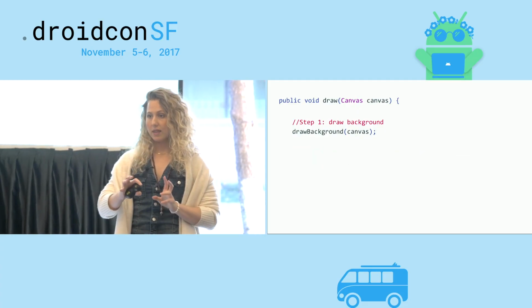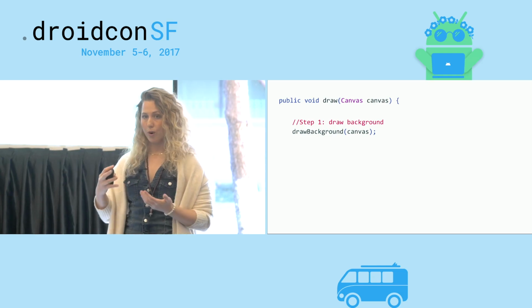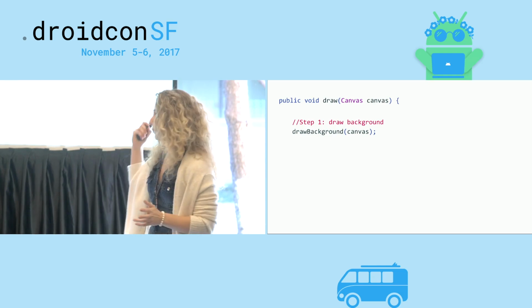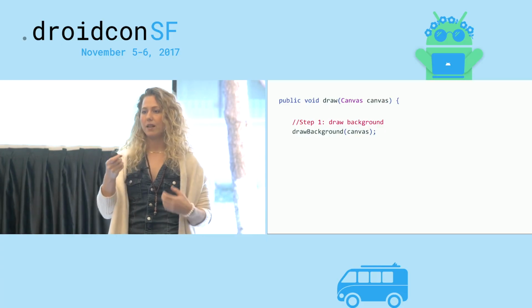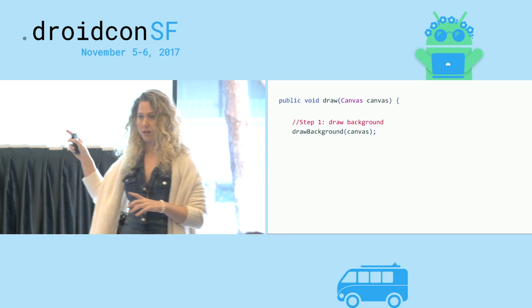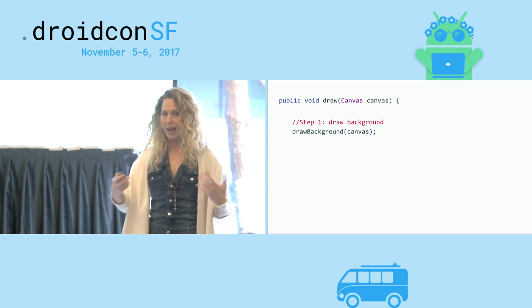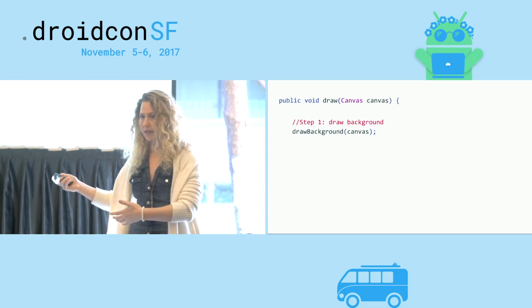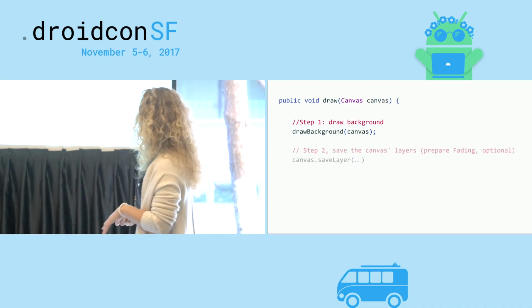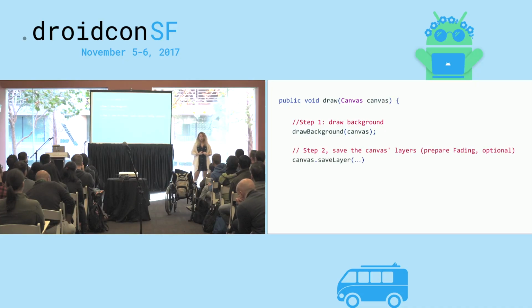This is the reason that many times when we talk about performance, the best practice says that if you don't actually need a background, don't just set a background. Because we're going to draw it anyways. I mean, it's a layer, and we're going to draw it first, no matter what. And step 2 is just optional.